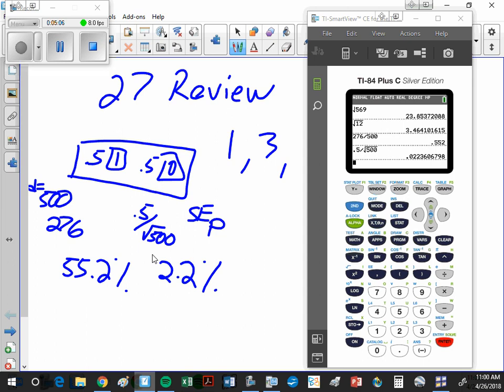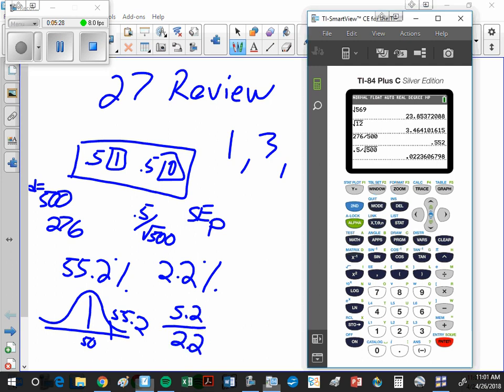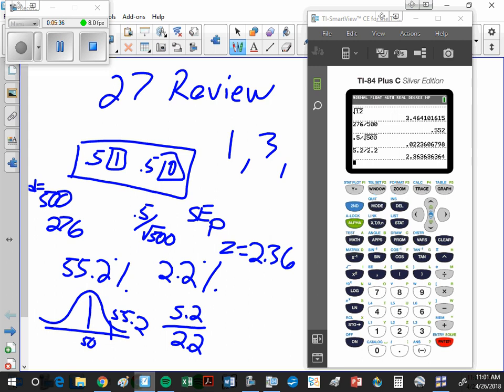Okay. So now I draw my normal curve. I put 50 in the middle, and I go up to 55.2. Then I find the z-score, which is going to be 55.2 minus 50, which is 5.2, and divide that by 2.2. 5.2 divided by 2.2, and I get a z-score of 2.36.